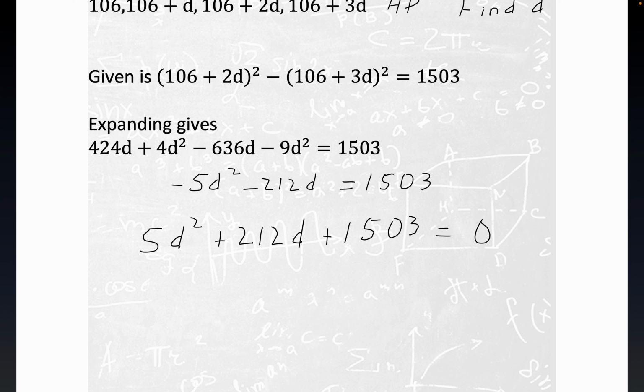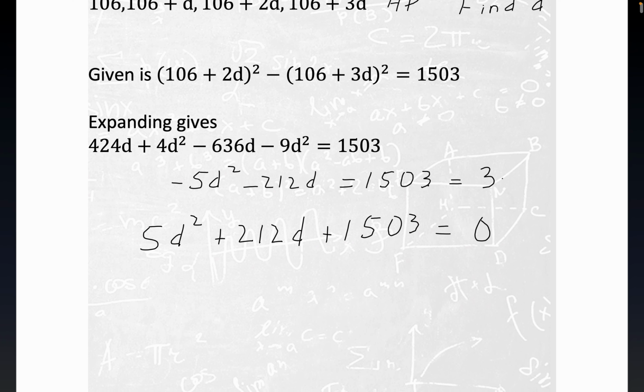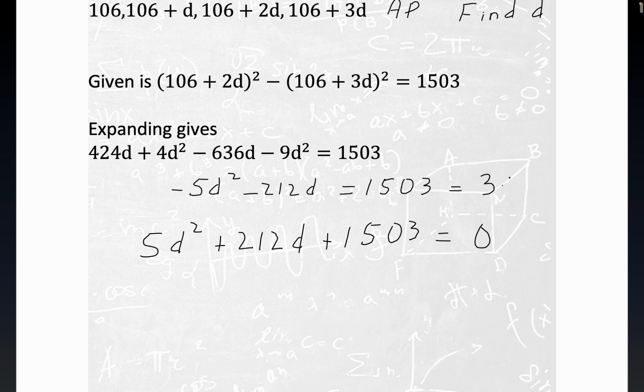Now, something that's quite useful here is that 1503 is actually equal to 3 times something, and this is pretty easy to figure out. You know it has to be divisible by 3 because the sum of the digits is divisible by 3. 1 plus 5 plus 3 is 9, which is divisible by 3. So 1503 is equal to 3 times 501, and 501 is 3 times 167. This is all achievable just with mental arithmetic.